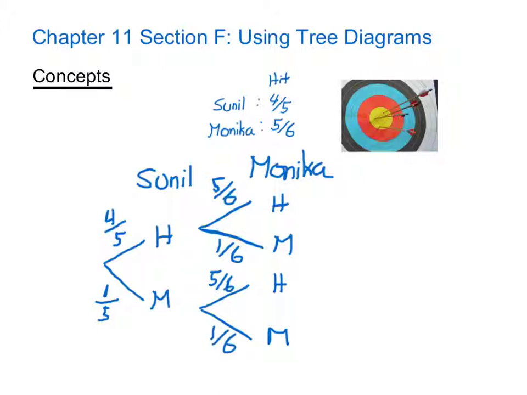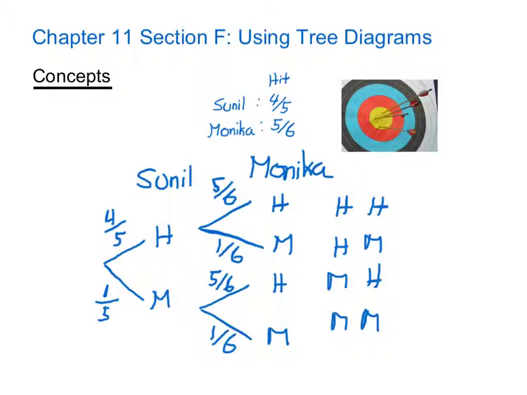Now from the tree diagram, I can see that there are 4 possible outcomes by following these branches. And that is a hit and a hit by both, a hit by Sunil and a miss by Monica, a miss by Sunil and a hit by Monica, and a miss by both.